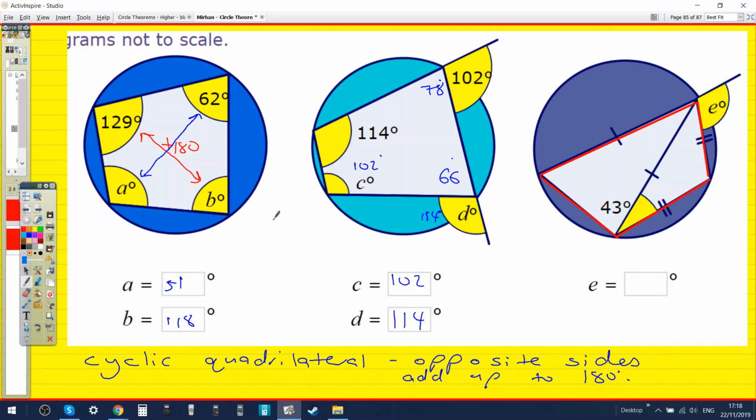Yep. Okay. So 180 minus 43, 90s actually. Yeah, 180 minus 43 gives us 137, and that's angle E, I think. Let's see. So that's 43. That's 43. Oh, sorry, I got it wrong.